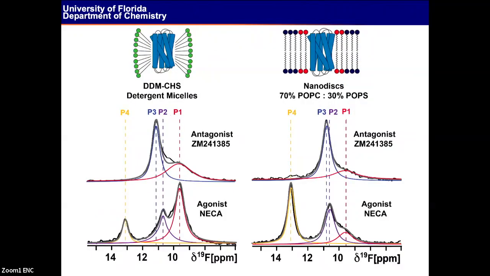To sum up that work, all of these are slow exchange processes, on the order of 10 per second to 1 per second, but very slow. That's also consistent with other fluorine NMR data for other GPCRs, that these different conformations and their exchange rates are typically very slow. So the idea is that this must correspond to large conformational changes in the protein. Thanks a lot.